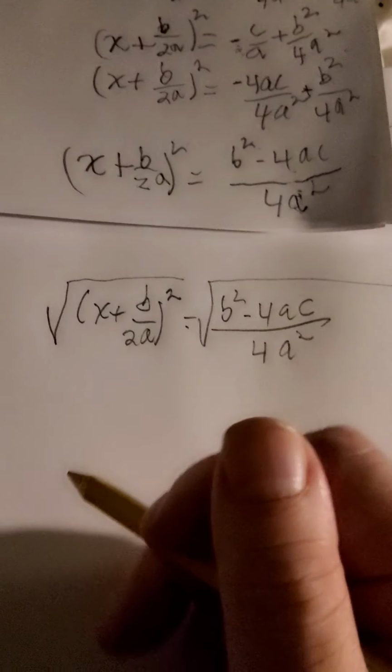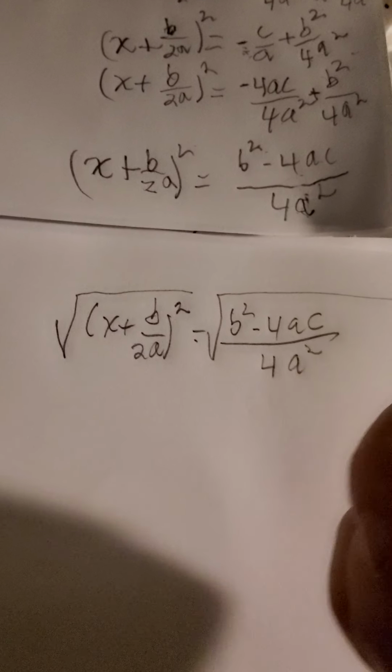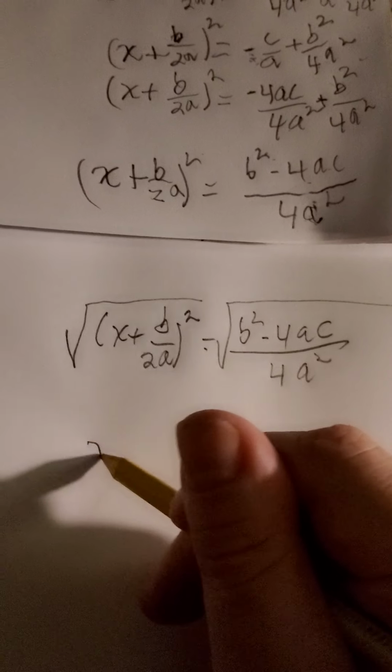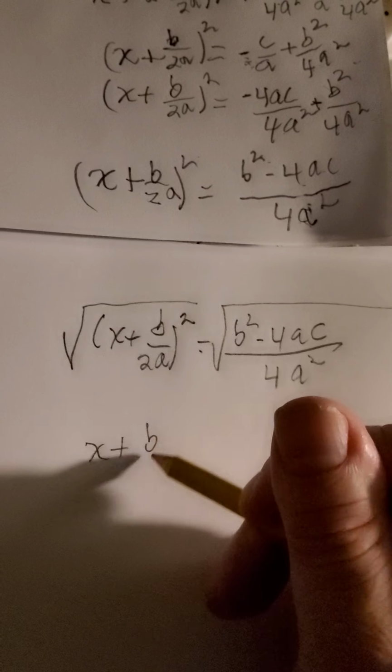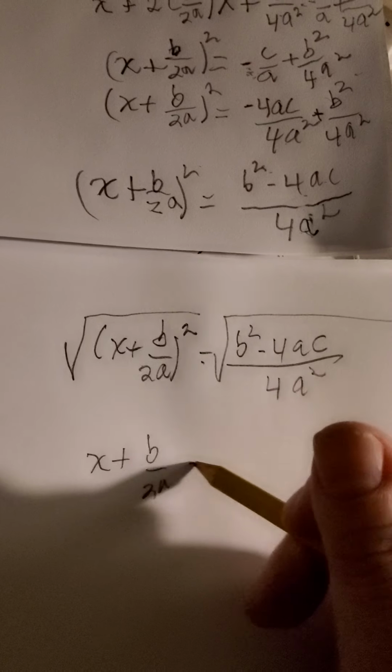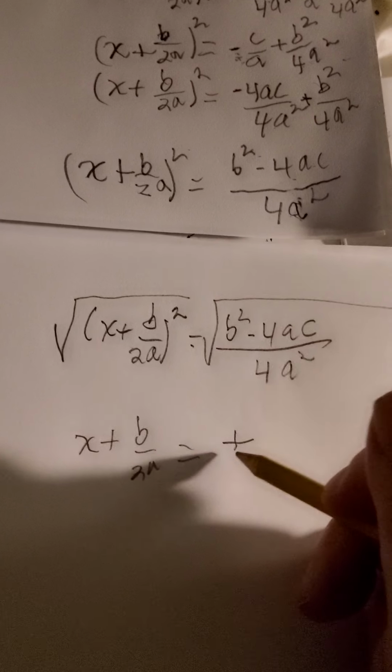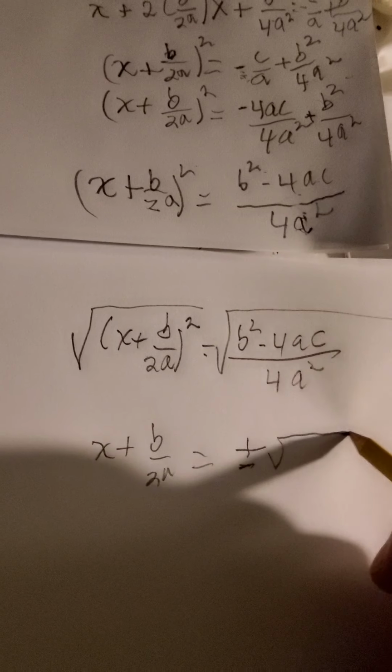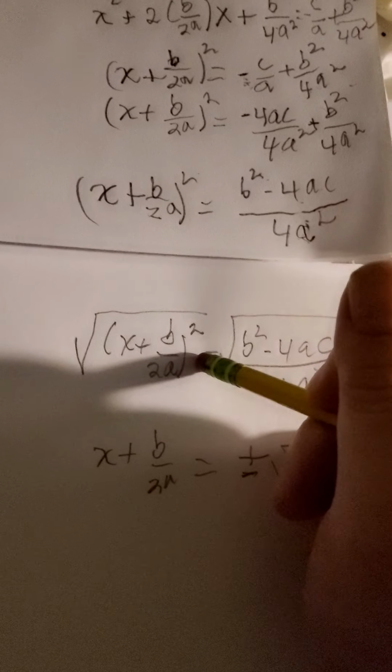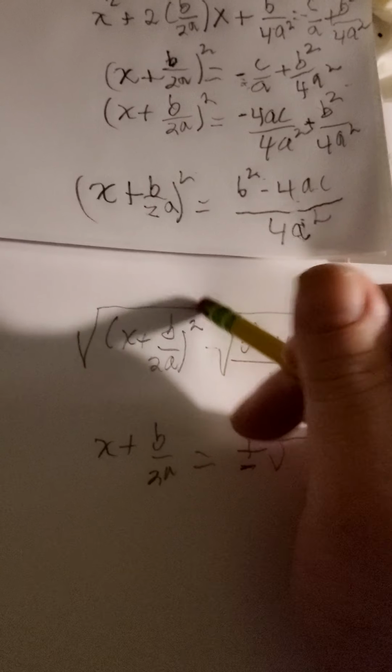okay, I'm going to find out that x plus b over 2a equals plus or minus the square root, because remember, when you take the square root, it could be either plus or minus.